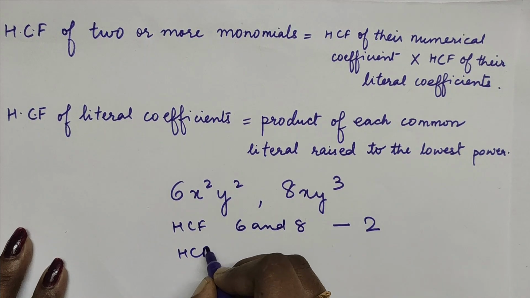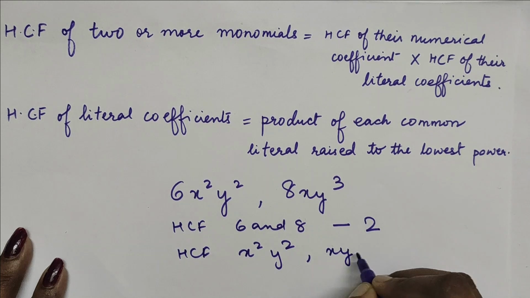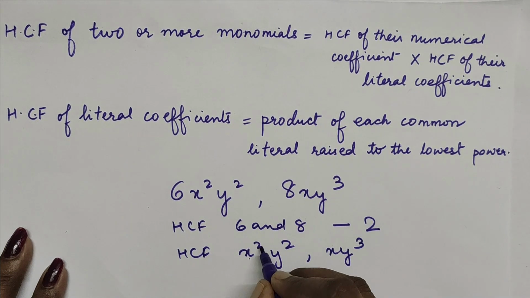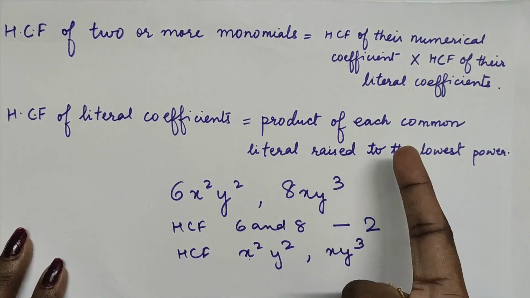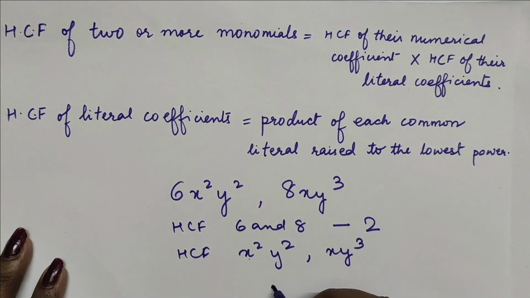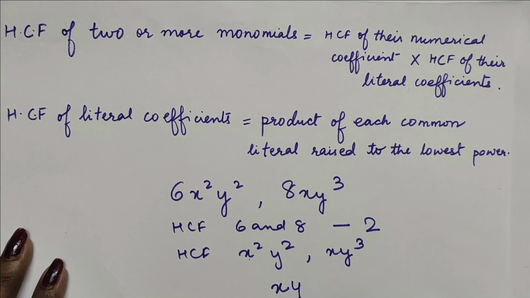What is the HCF of the terms x square y square and x y cube? As x is raised to the power 2 and x is raised to the power 1 here, we will take the lowest power. So here we will take x only one time. And as y is square and y is cube here, the lowest power for y will be y square.